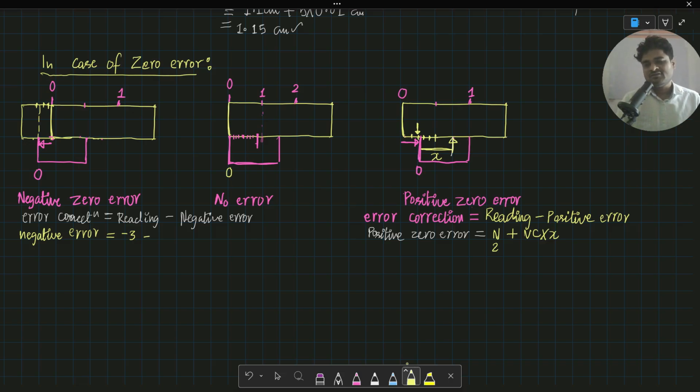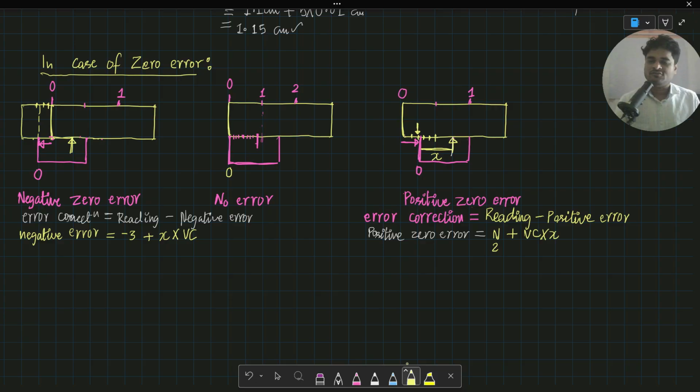Then where the vernier count is aligning, we'll take x into the vernier count, and this value will be negative, so whatever reading we get, we'll subtract this and we'll get an addition.